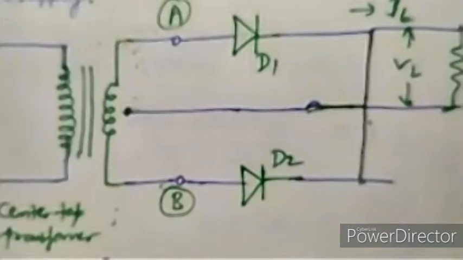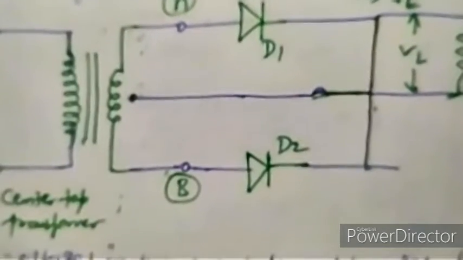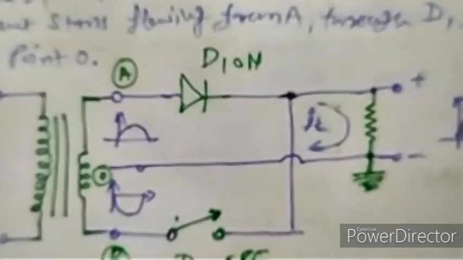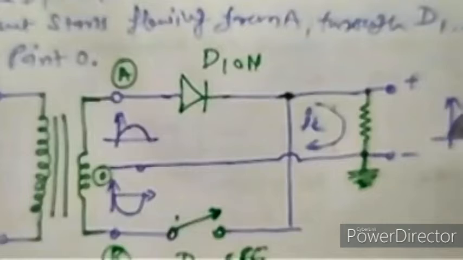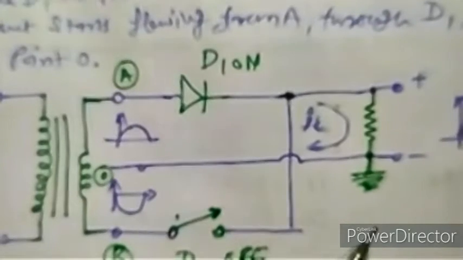We can see better with this figure what exactly happens in the positive half cycle.